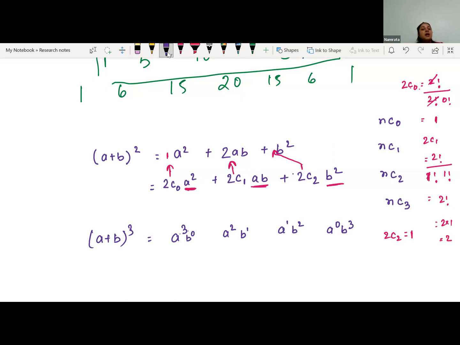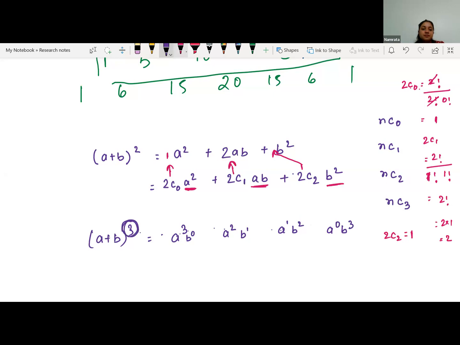But we realized that Pascal triangle is okay for 4, 5 terms, like till the power is 4, 5, 7, 8, 9. But what about when the power is a huge number? So we have figured out a way, and that way is saying that take n, like this as a power 3. So first take 3c0, then 3c1, then 3c2, then 3c3.